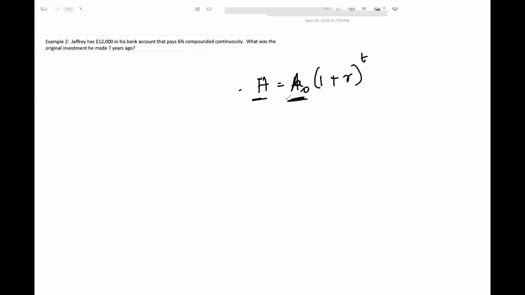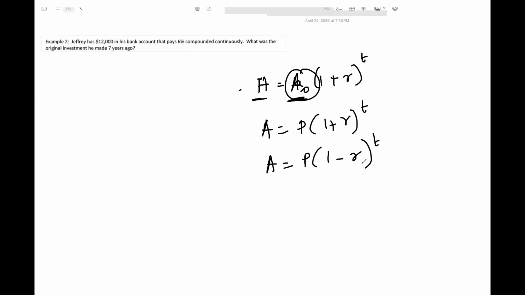This is the amount you get after several years, right? So basically you write it out as A will be equal to P times (1 plus R) power T. Suppose if it is exponential decay, you write it out like this, right? R is the rate of interest, T is the time in years, P is the original amount, whatever it is, number of bacteria, whatever it is, P is the original one. This is the final value, final number of bacteria you get at the end of the time T.